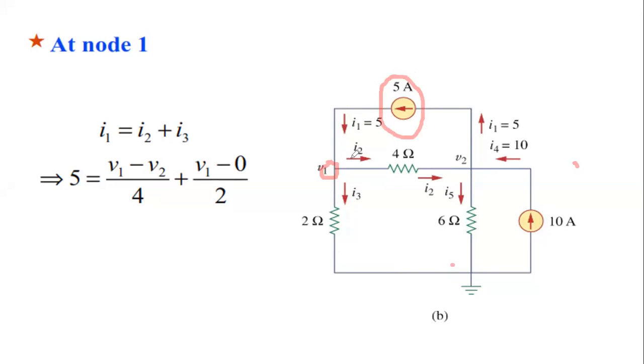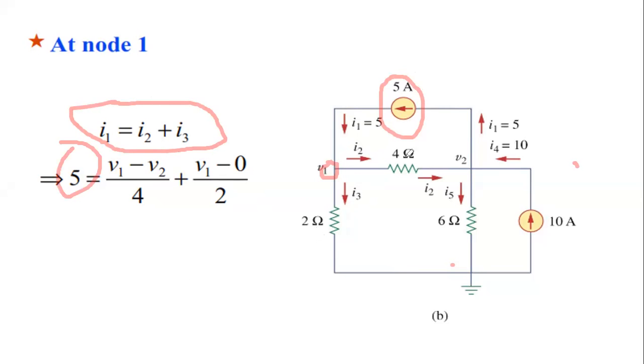It cannot change. I2 you can choose any, I3 you can choose any. So if you see the directions of the currents, you can write the KCL. Incoming current equals outgoing. I1 is equal to I2 plus I3. And I1 is the current flowing here, so it will be 5 ampere. You cannot change its value.